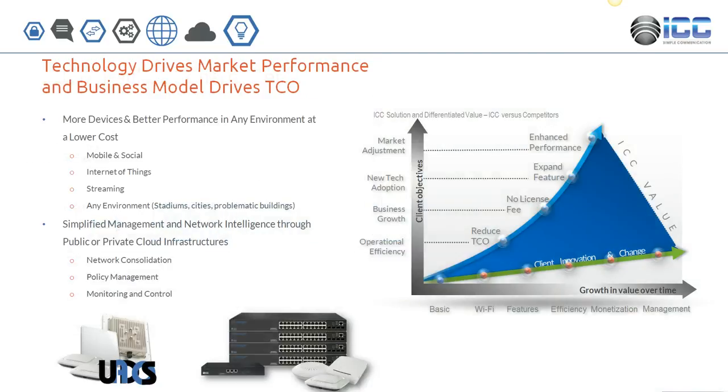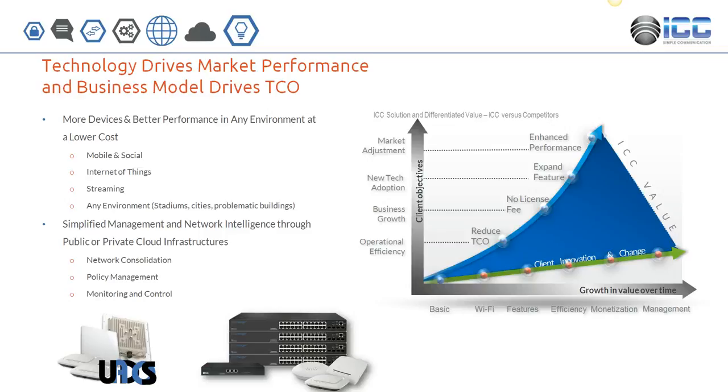The result of this technology drives greater market performance as well as business model, which then drives total cost of ownership. By having more devices and better performance in any ecosystem at a lower cost, you're able to drive the mobile and social, Internet of Things, streaming capabilities, and deploy in any environment.